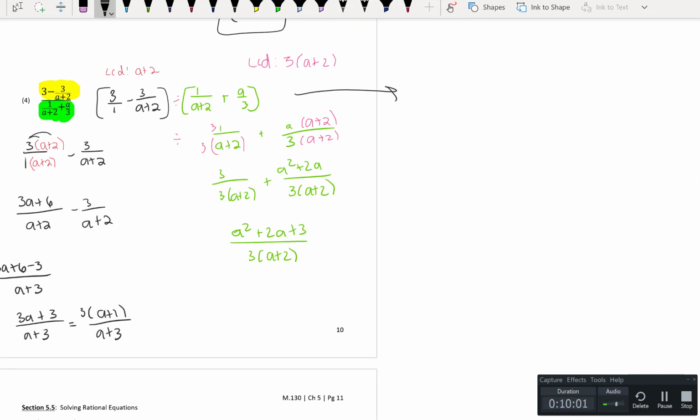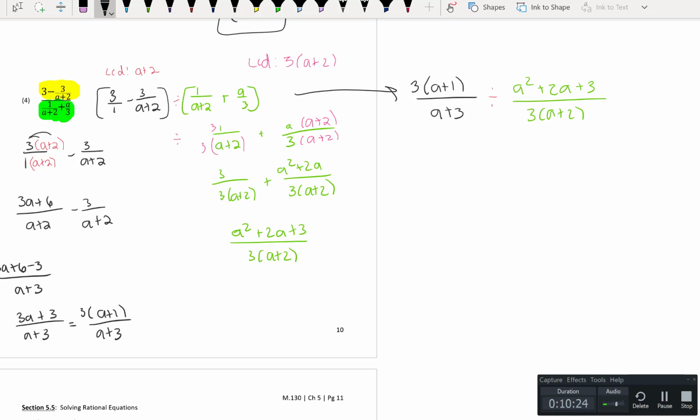So I have my 3 times a plus 1 over a plus 3, and it's being divided by my a squared plus 2a plus 3 over my 3 times a plus 2.